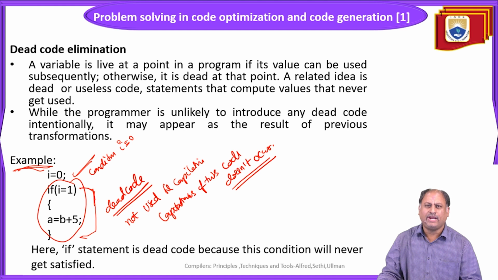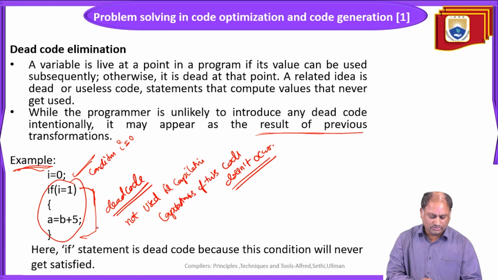So that code is to be identified, and the programmer is free from this type of code, so that the results may not affect any other variables which are used. That's why this code is to be identified at the proper time.